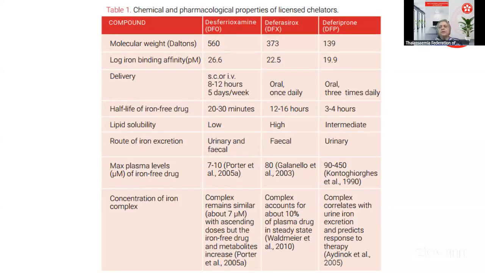So if your chelation is effective, then the stool will be red. Likewise, in urinary excretion, which is deferiprone, the urine will be colored. And when you are using desferrioxamine, then both urine and feces are going to be colored.